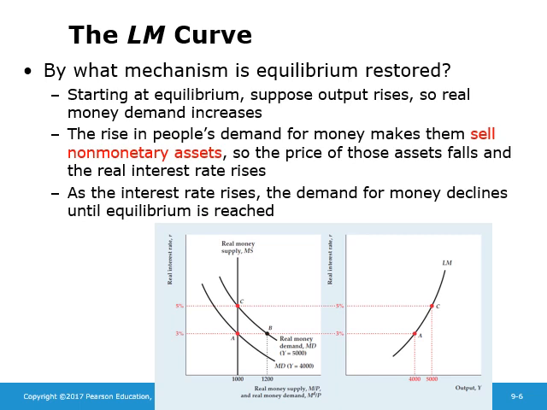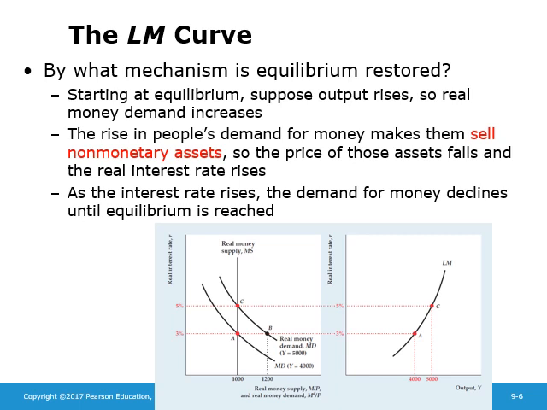As you move along the curve from B to C, the interest rate increases and the demand is downward sloping. So when the interest rate increases, this makes the non-monetary assets more attractive again, which decreases the demand for money until it becomes equal again to the real money supply at 1,000. So we restored the equilibrium at point C through this mechanism.